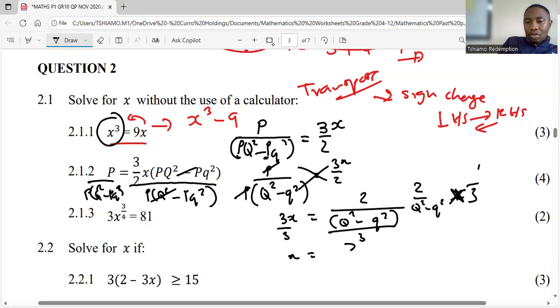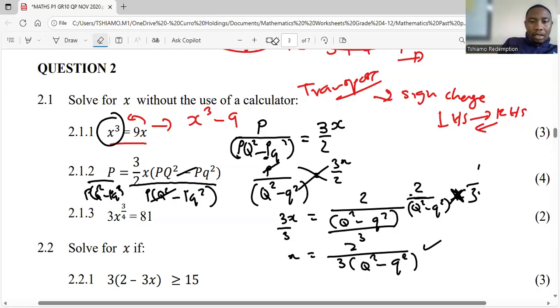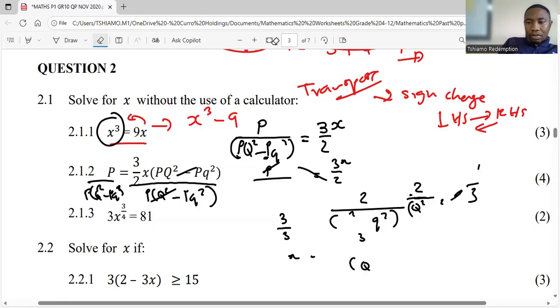So it's actually going to be 2 over 3q squared minus q. Because when I multiply this and this, it's 2. And then this whole thing multiplied by 3 will be 3. Okay. Hope you got it there, guys. Okay, let's do a few more questions.